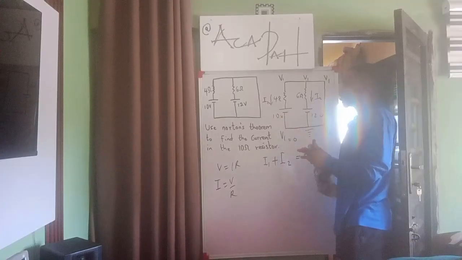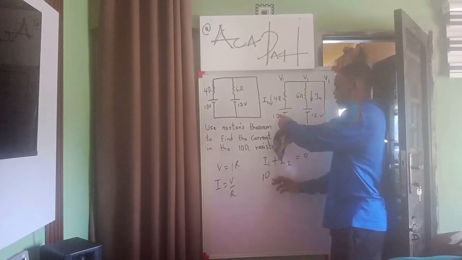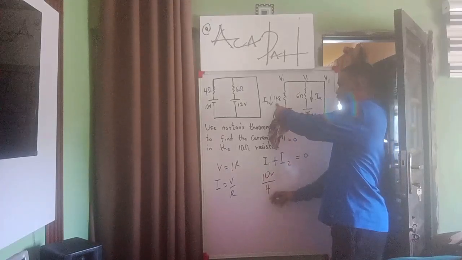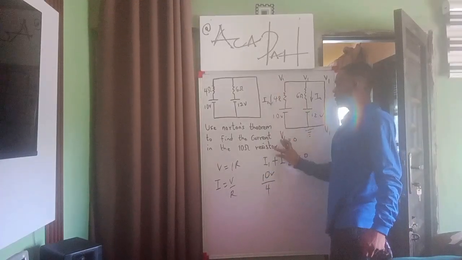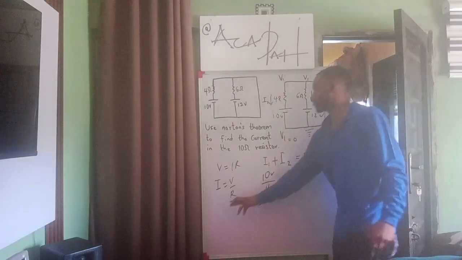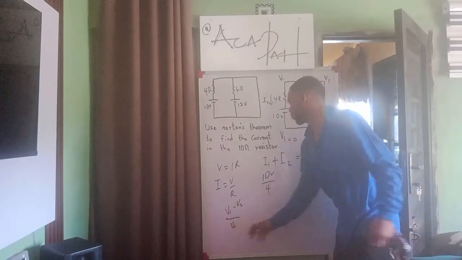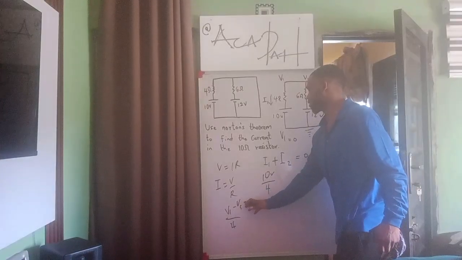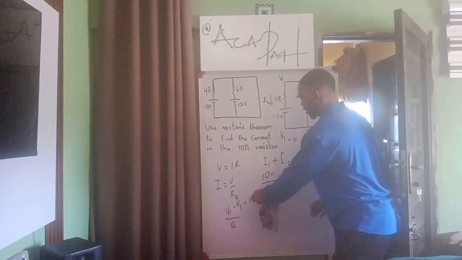So what I will now be looking at is 10V that is here all over the 4 ohm resistor. Remember this. Normally, assuming this is different, maybe V1 and V2, I could have just had V1 minus V2 all over 4. But since V1 and V1 is the same and it gave us 0 equals 10, that means 10 equals 0.